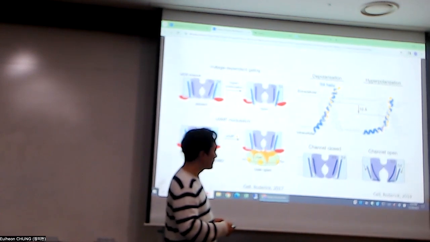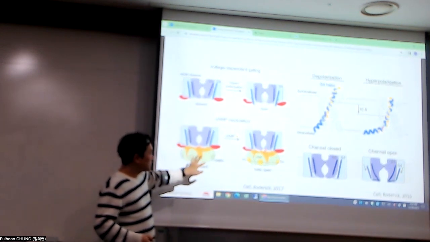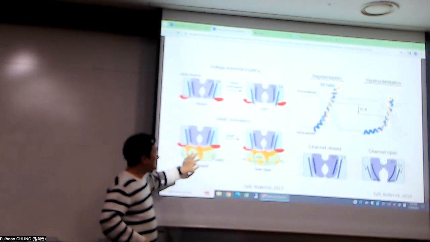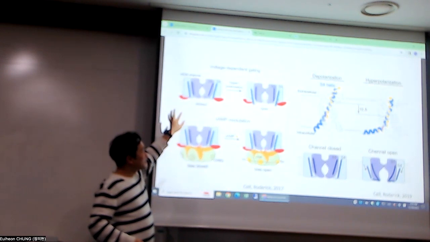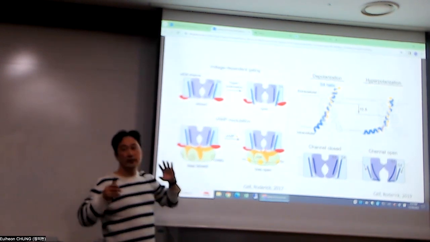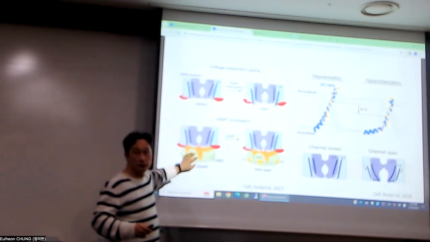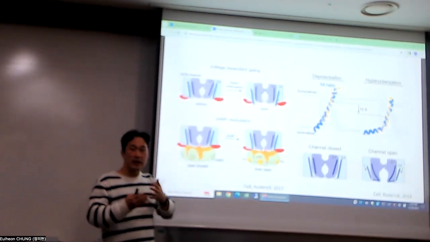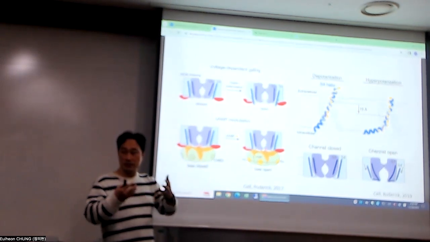Okay, this is the key. But in the 2017 paper, they did not only talk about the protein sensor, but also about the cytoplasmic domain, how the cyclic AMP binding can help to open the gate.